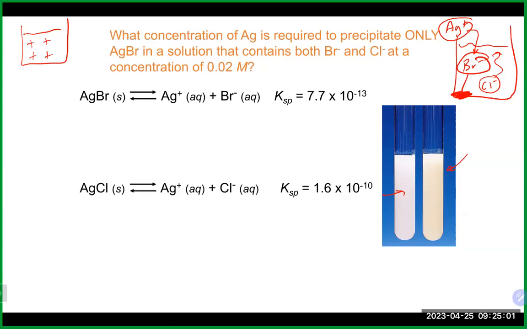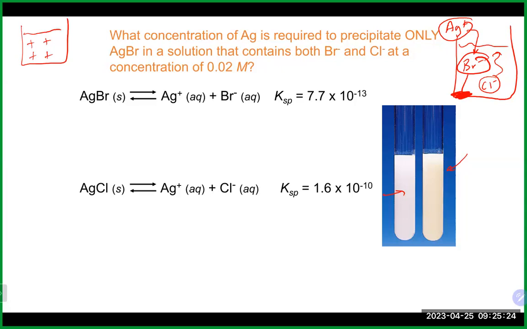Obviously we could form silver bromide that will set up an equilibrium and form silver ions and bromide ions. The KSP is what we saw a little bit earlier, 7.7 times 10 to the minus 13. We also could do the same thing with our silver chloride, which will set up silver ions and chloride ions with a KSP of 1.6 times 10 to the minus 10.